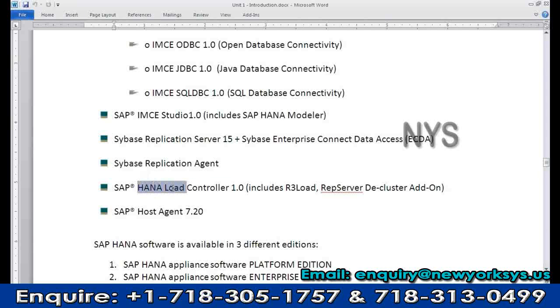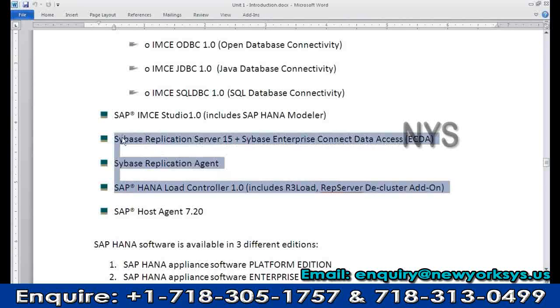They also added the HANA Load Controller. What Oracle is fighting with SAP about is that the log based replication technique violates your RDBMS rules. So SAP added this load controller just so that these violations can be kept in check. Again, these three components are used only for one purpose, your log based replication.